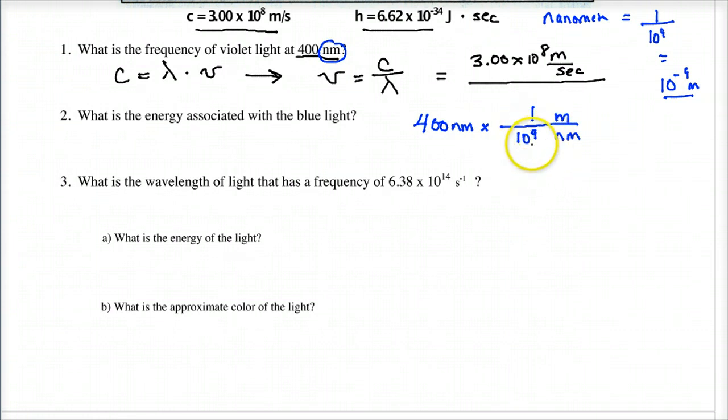Just like if you're doing a millimeter to a meter conversion, there's 1,000 millimeters to 1 meter. So in any case, nanometers cancel, and I'm left with dividing by 10 to the 9. So you take your calculator to your 400, times 1. It's a hard one.